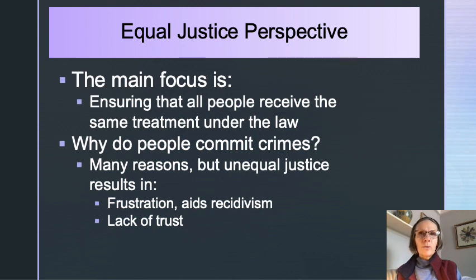Even when you're incarcerated, sometimes people might be sentenced to 7 years, but they'll get out early on parole for good behavior, while others, under the same circumstances, never make parole and have to serve their full sentence. And so all of that is something that the equal justice perspective is concerned with.